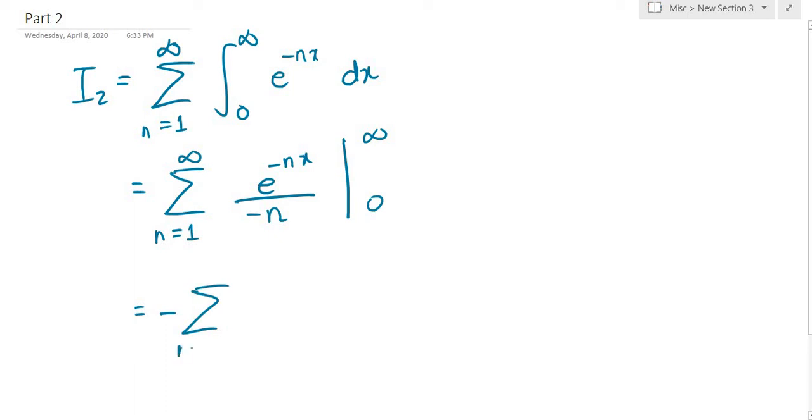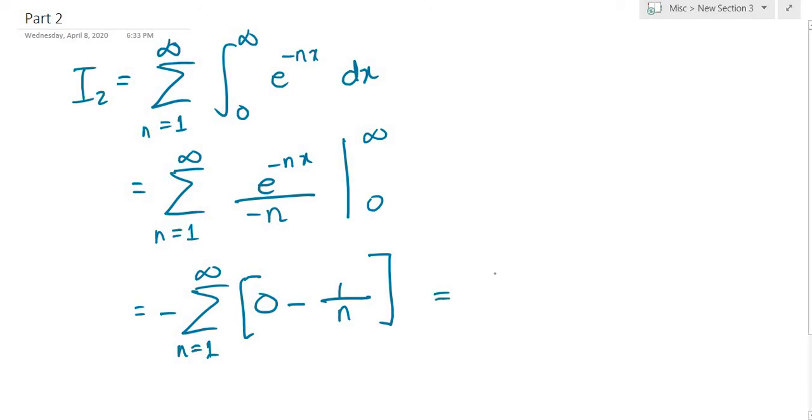So I'm just taking the negative outside. So sum from n equals 1 to infinity, and when I plug in infinity over here, e raised to negative infinity essentially is 0, then minus this lower limit. So when I plug in 0, I have e raised to 0, which is 1. So 1 over the n that's unchanged in the denominator.